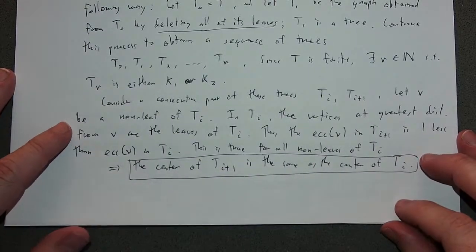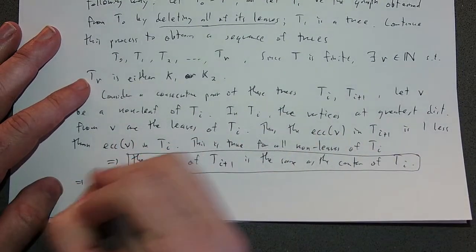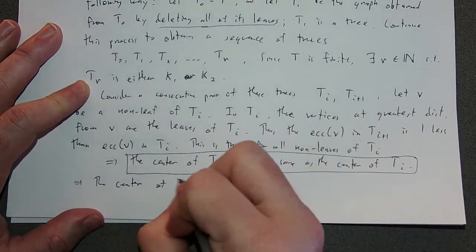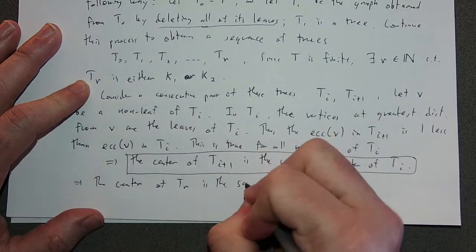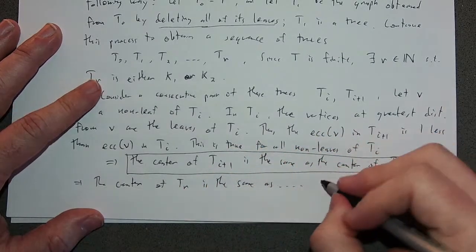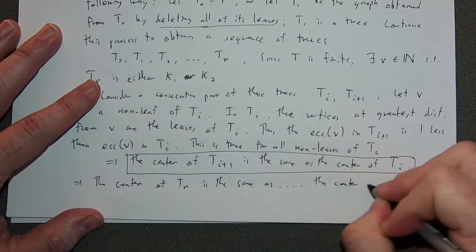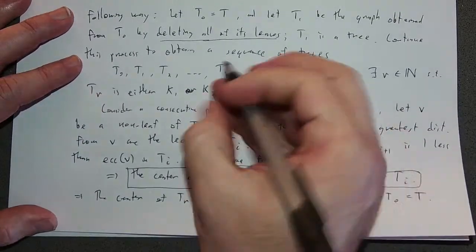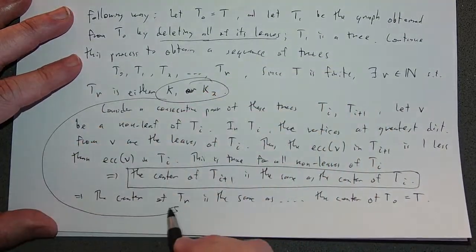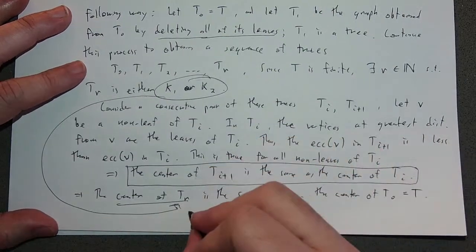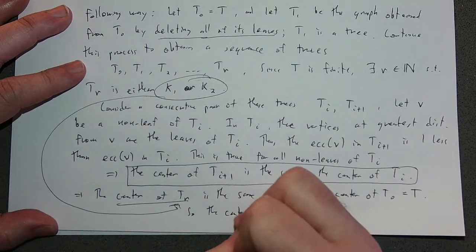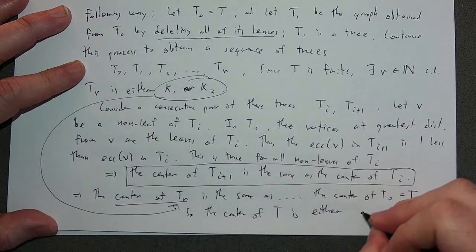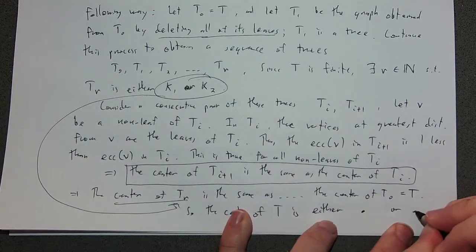But this means that the center of your end thing is the same as, going all the way back, the center of T naught, which is T. But T sub R is either K1 or K2. So the center of T is either one vertex or a pair of adjacent vertices.